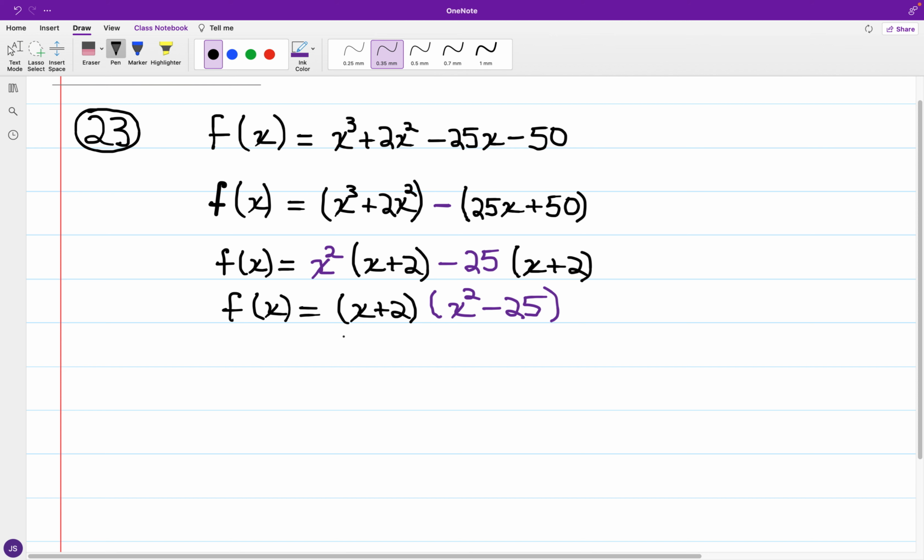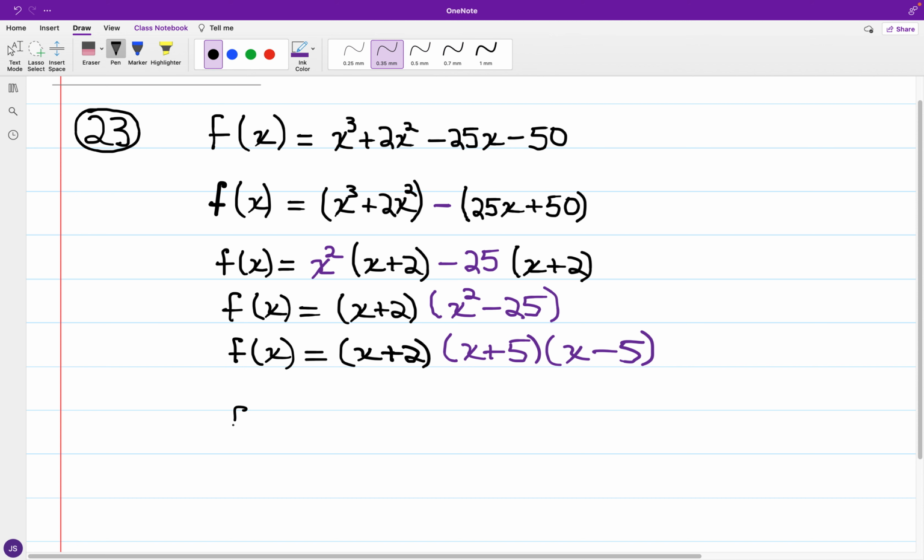For x squared minus 25, we have a difference of squares, so I can factor even further. So we have x squared minus 25, which goes to x plus 5 times the quantity of x minus 5. So this is going to be the factored form.